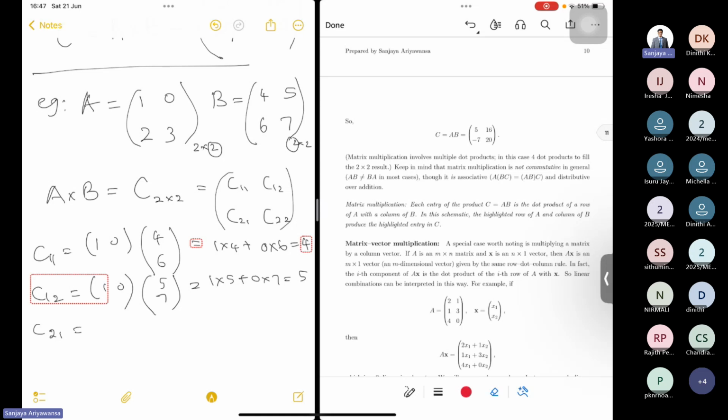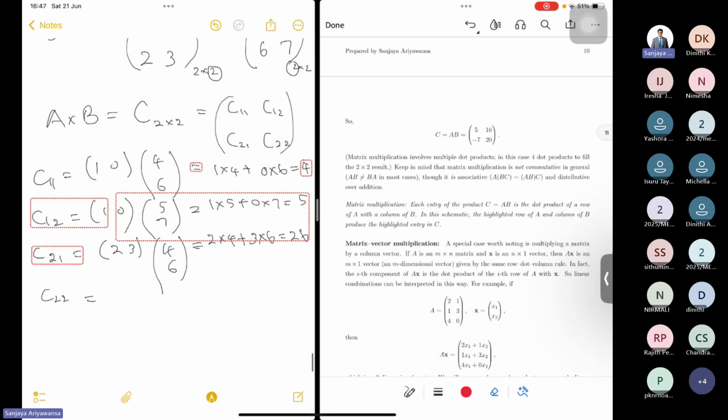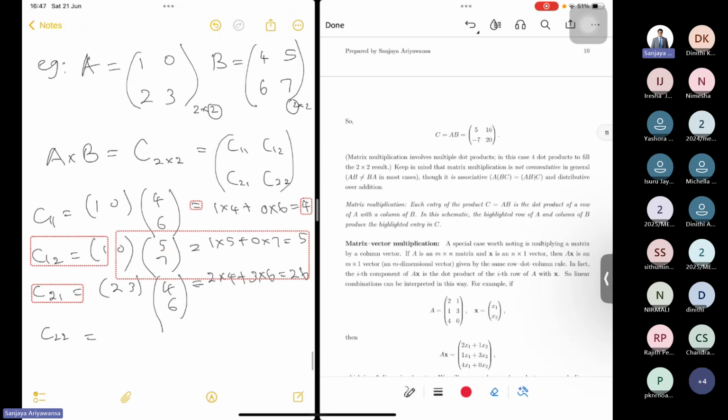C21. So now you take the second row of A multiplied by the first column of B: 2 times 4 plus 3 times 6. So 2 times 4 is 8, 3 times 6 is 18, 18 and 8 is 26. And then finally C22 is you take the second row of A and multiply it by the second column of B: 2 times 5 plus 3 times 7, 10 plus 21 is 31.